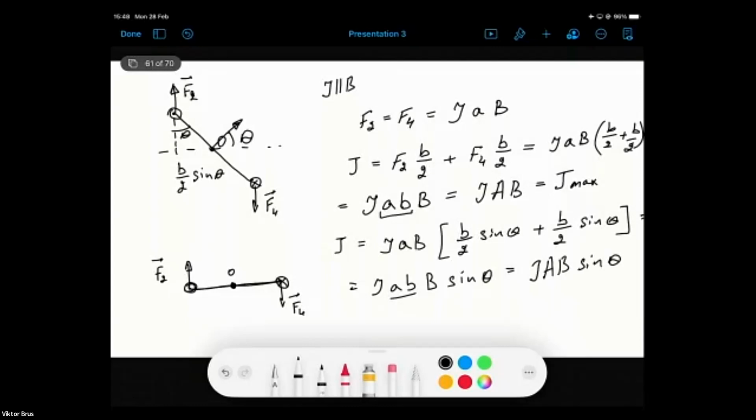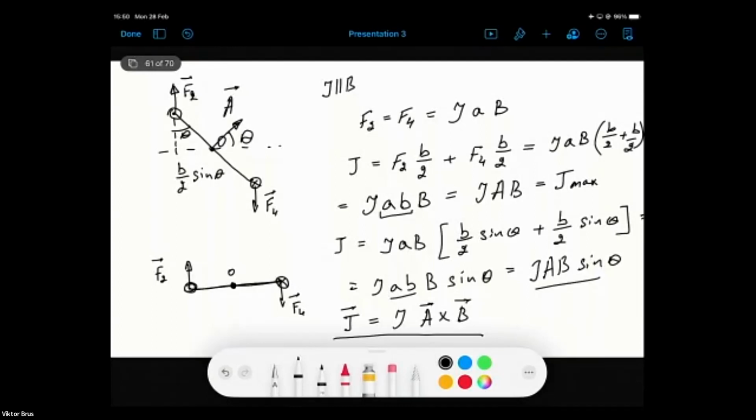So in general, if we want to get the torque vector based on these findings, we can write that the torque vector is equal to the electric current magnitude times the vector product of A and the magnetic field vector B. This equation gives us torque in vector form, and this vector A is always perpendicular to the plane of the current loop, and its magnitude is equal to the area of the current loop.